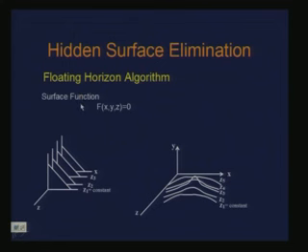Typically we are looking at a surface which is defined in a functional form like f(x, y, z) equals 0, and one can plot this function considering slices at different z.